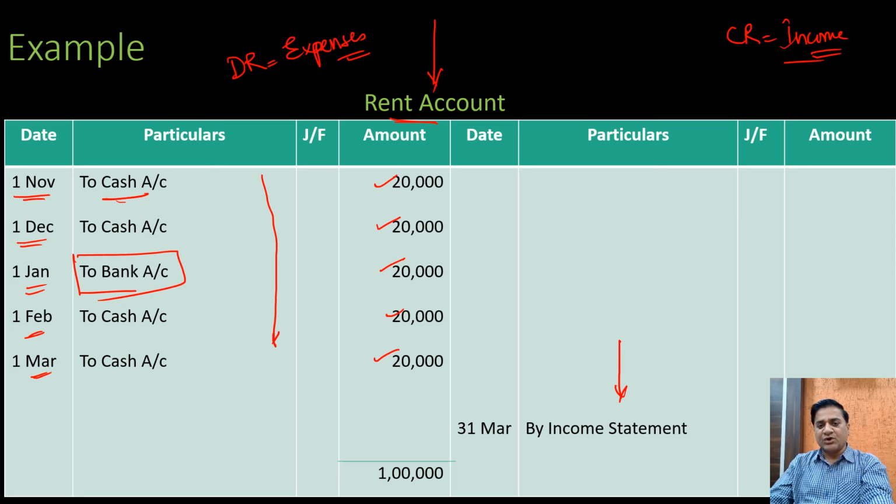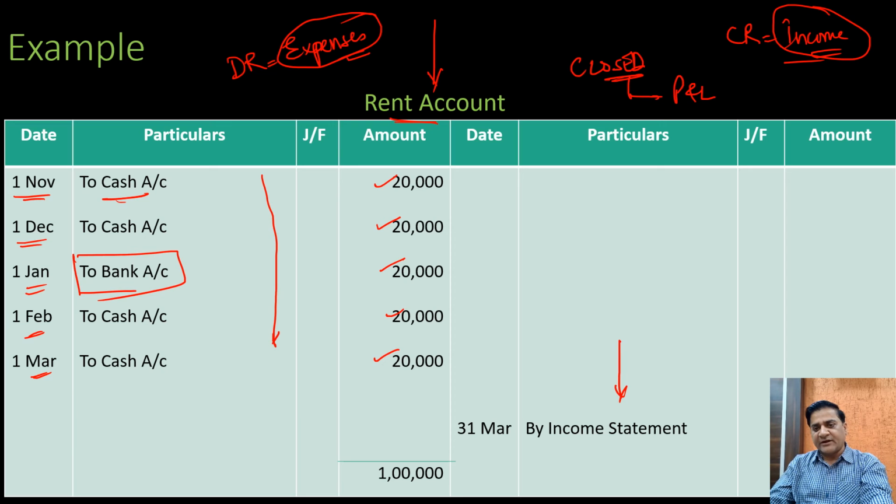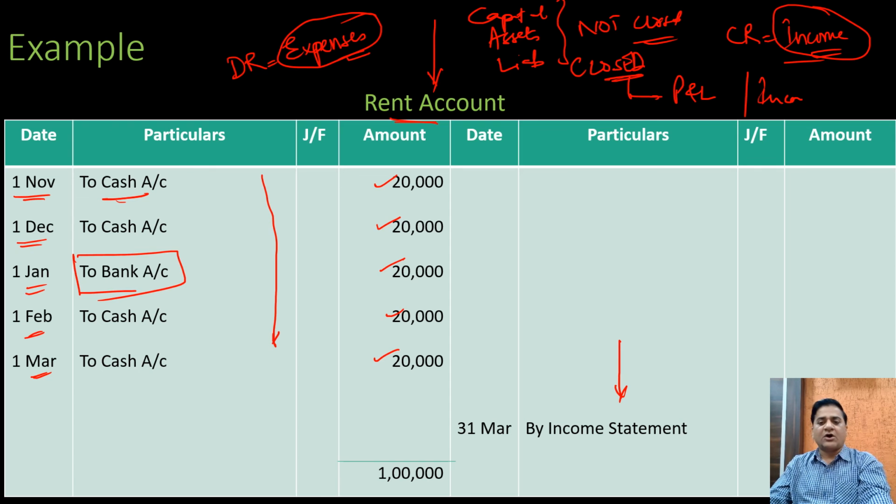Why? Because we know that expenses and income for a particular period are required to be closed by transferring them to the profit and loss account or the income statement, whereas the capital account, assets account and liabilities account are not closed, but they are carried forward to the next year.